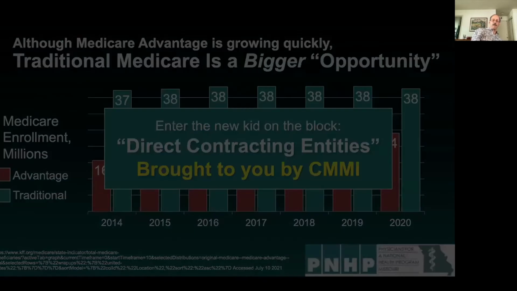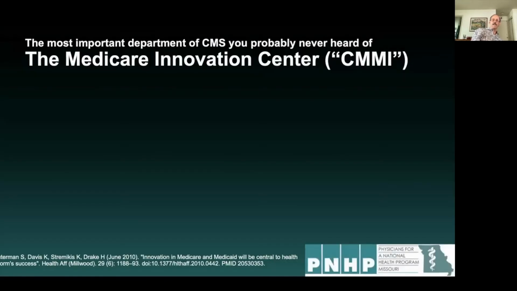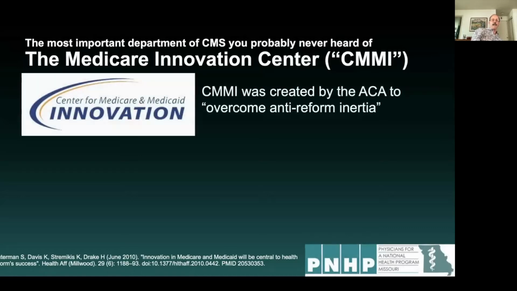CMMI is the Center for Medicare and Medicaid Innovation, and they are allowed by the Affordable Care Act to make changes in the way doctors are paid without going through Congress, so they can unilaterally impose things like DCEs without having to have a bill passed.